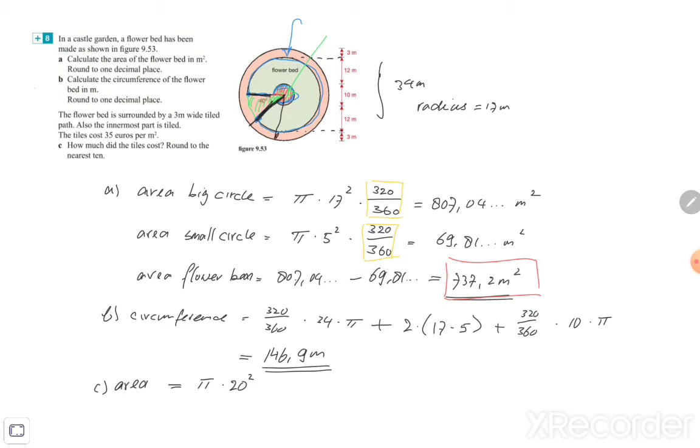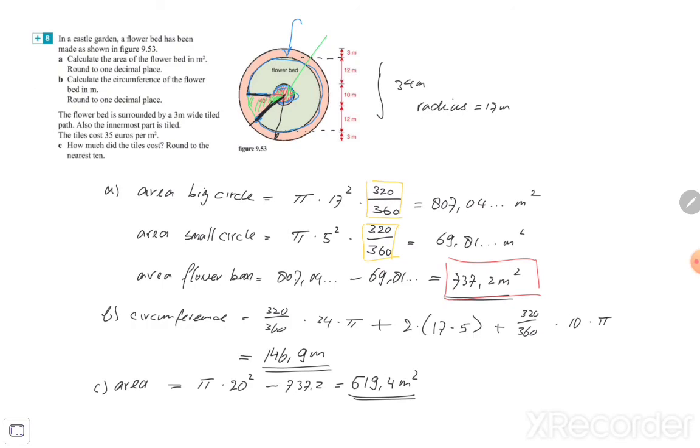So pi times 20 squared. And we need to subtract our answer from exercise A, the 737.2 square meters, which is 519.4 square meters.